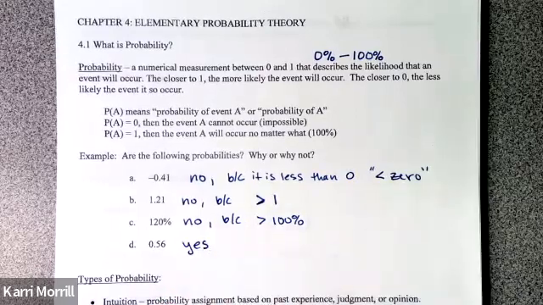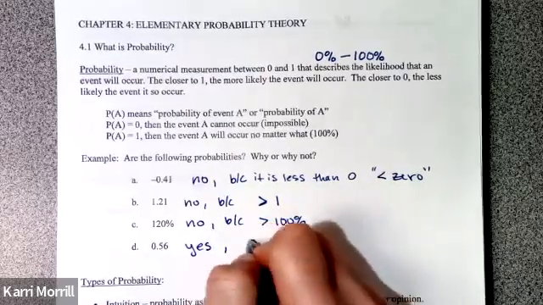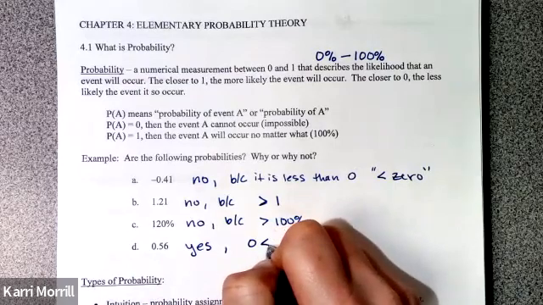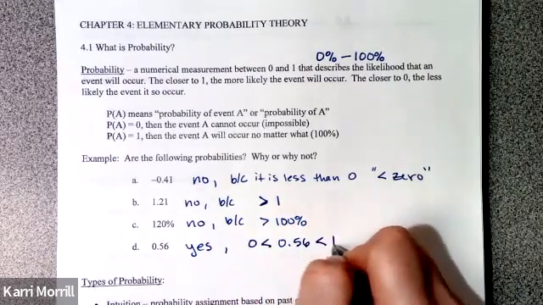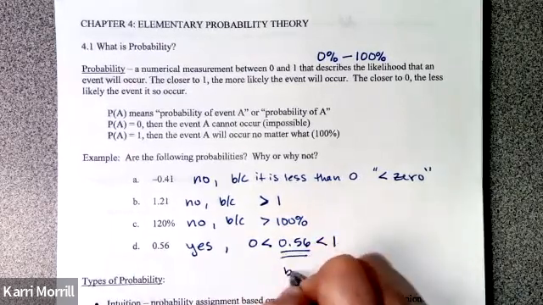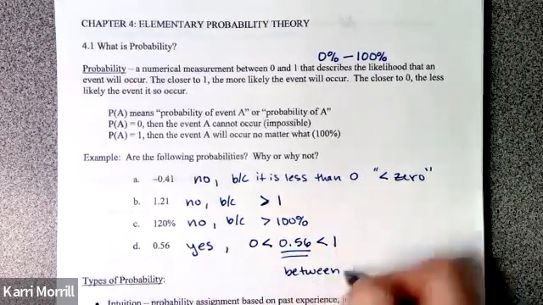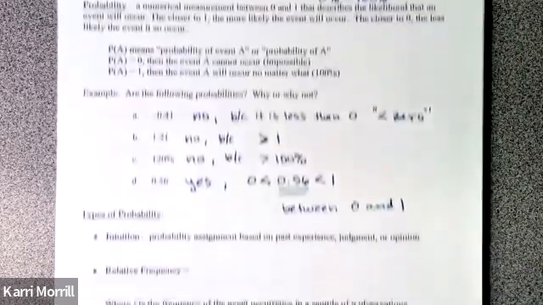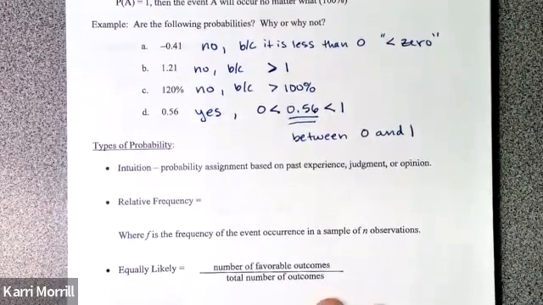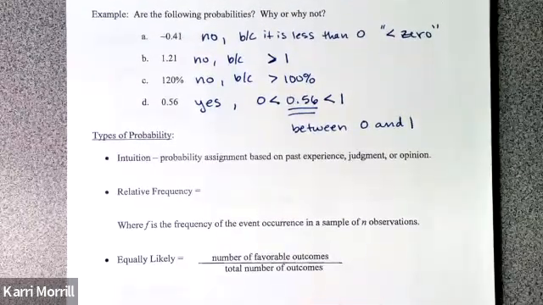This one could be considered a probability because 0 is less than 0.56, which is less than 1. So it falls between 0 and 1. That's really all we need to know to verify if it's a probability.